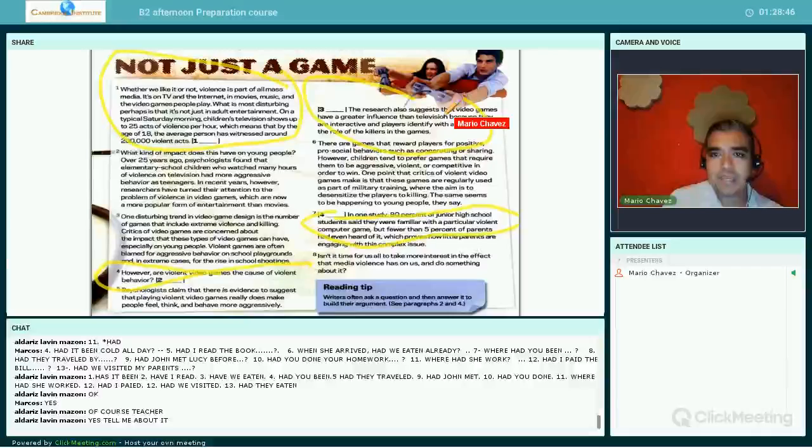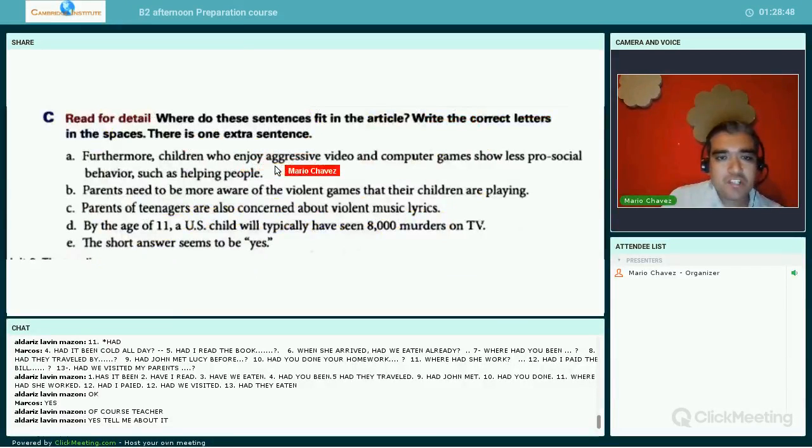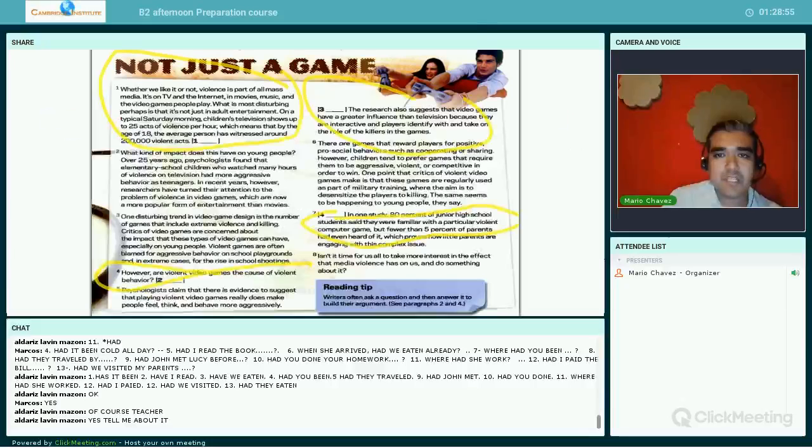So we have: furthermore, children who enjoy aggressive video and computer games show less pro-social behaviors of helping people. Number one says, whether we like it or not, violence is part of all mass media. It's on TV and the internet, in movies, music, and the video games people play.